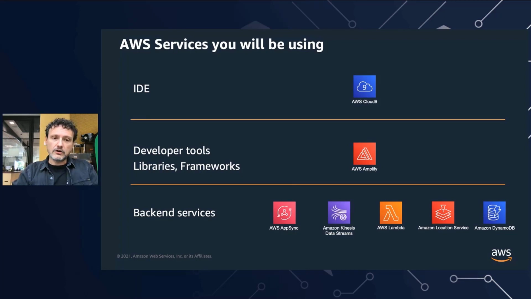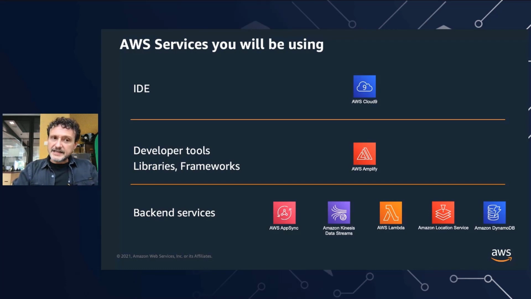Everything is going to be orchestrated by the AWS Amplify command line interface. And we will also be using the Amplify libraries, so different categories from the libraries, to interact from our front ends with all these backend services.